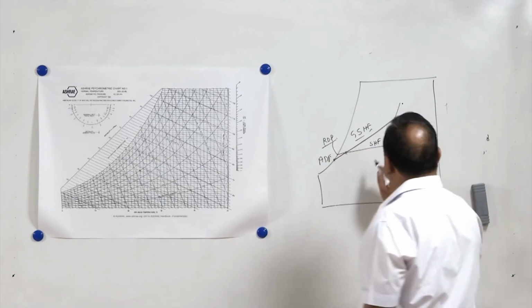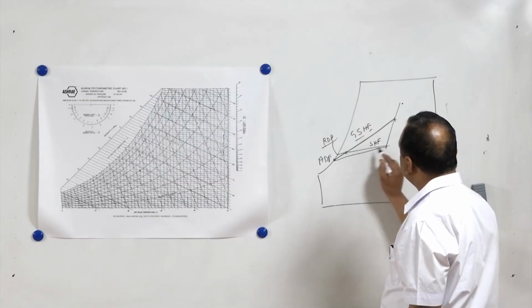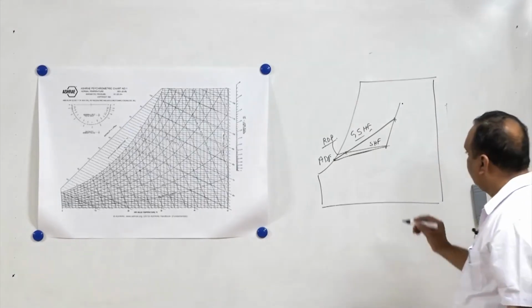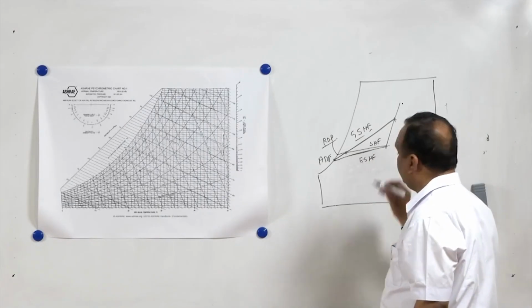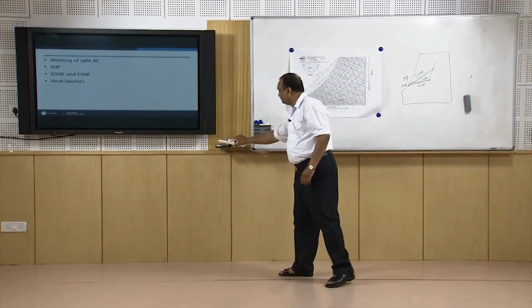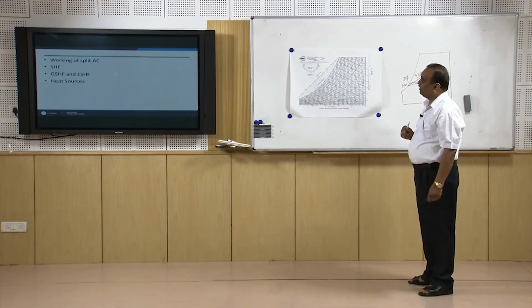The effective sensible heat factor is drawn from here, so that is the effective sensible heat factor line. These things will be useful when we solve some practical problems on air conditioning load.